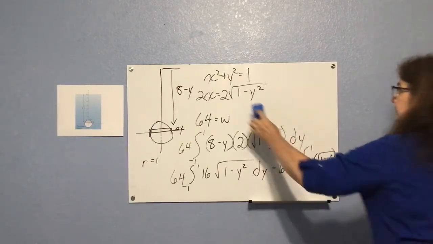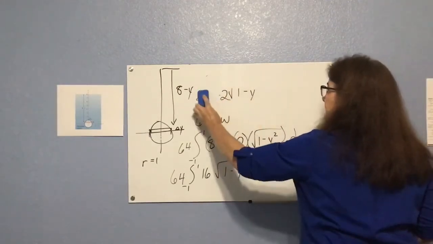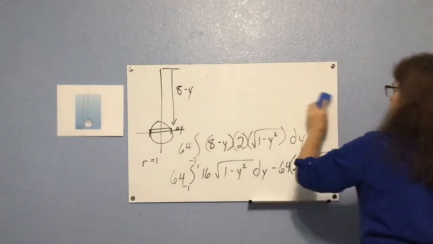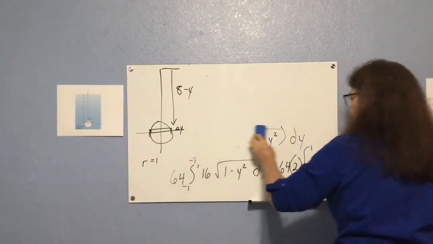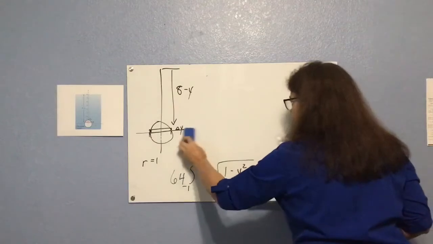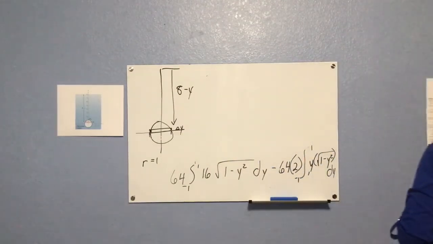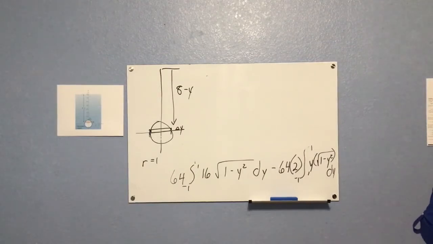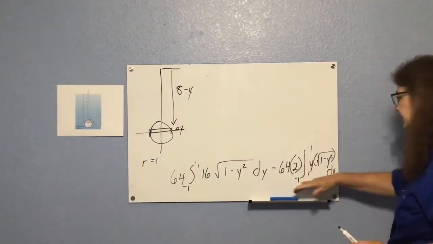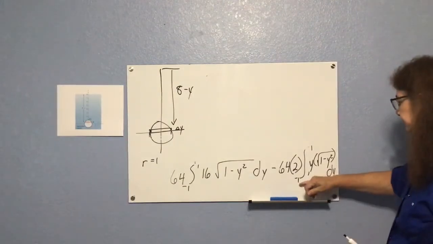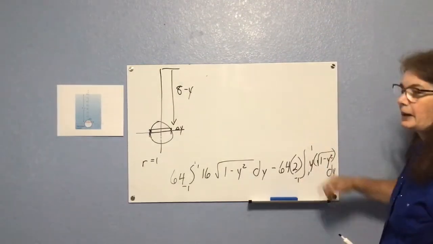Okay, this kind of looks like a lot, but it comes out simpler than you think. In the second integral, we have an odd function, and we're going from -1 to +1.